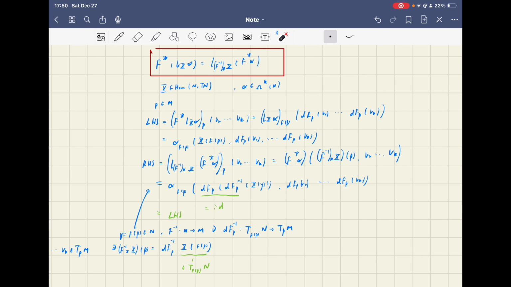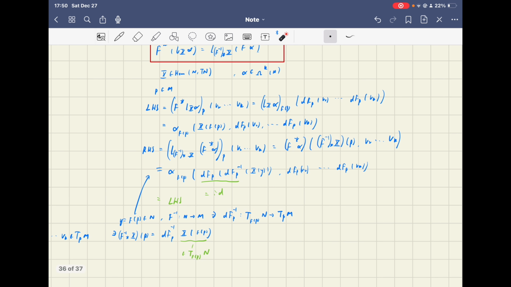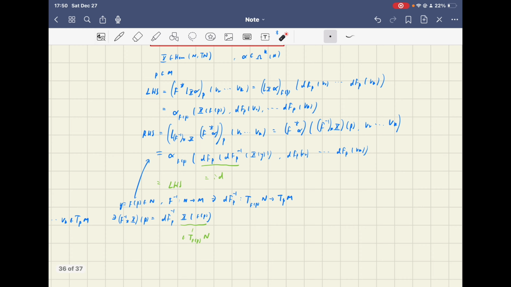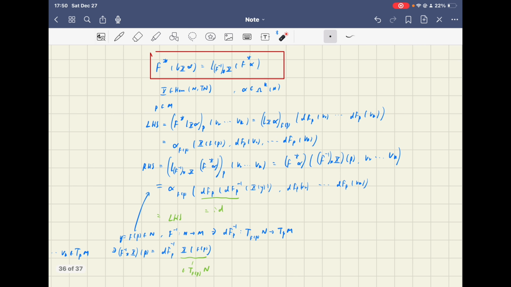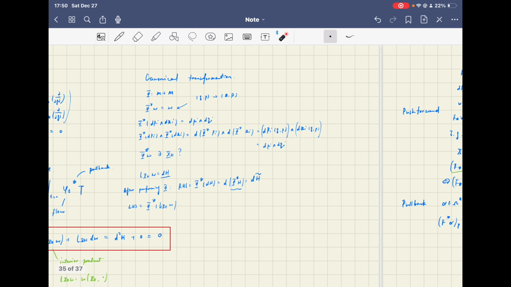If you want to prove it, just expand the left hand side and right hand side, and you will discover that the inverse of the differential of f at the point p will cancel this one out. You'll simply get an identity projection, they cancel each other out, and you could successfully prove that the equation holds true.